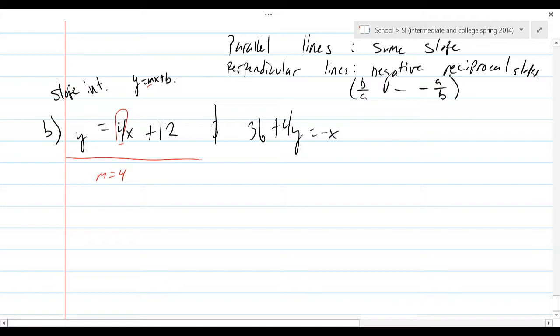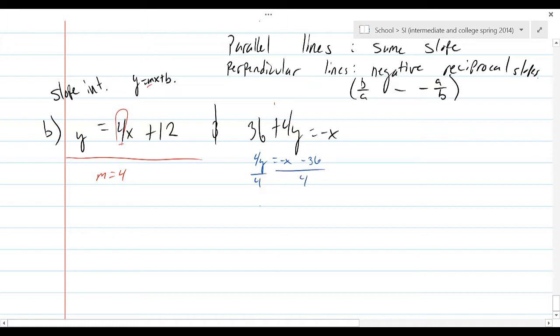Now let's see if we can find the slope of this line. Let's do it in blue. I like blue. So first I have to solve for y to get it into slope-intercept form. So I've got 4y equals negative x minus 36. Okay. Now let's go ahead and divide both sides by 4.